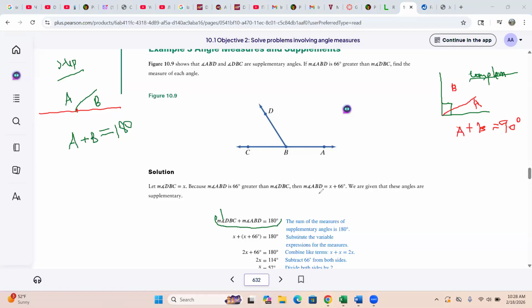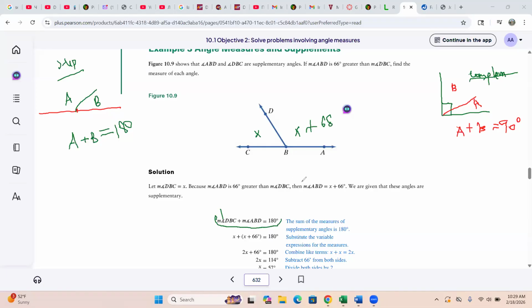So they say one is x plus 66. In other words, 66 degrees larger than the other angle. So the other angle is probably a little bit smaller. And then the one we have is 66 larger. So it'd be 66 added to x.